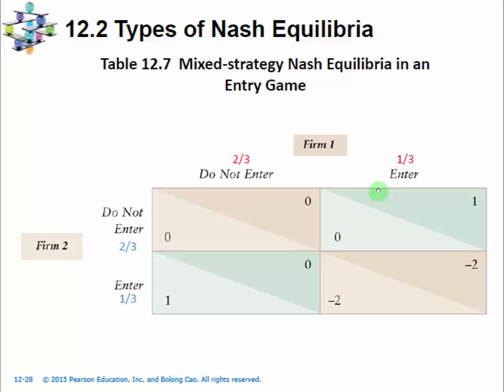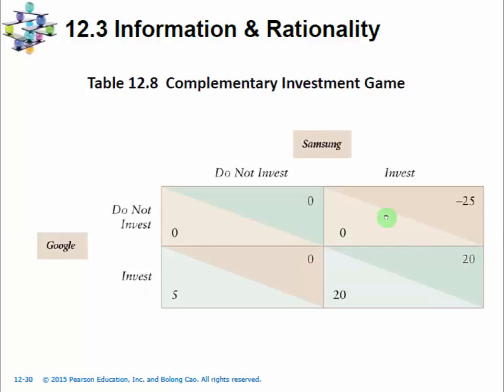In this game of complementary investment, we consider the role of incomplete information and bounded rationality. So our story goes like this. Google is considering producing an operating system called Chrome OS, and Samsung is considering whether to launch a tablet computer based on the Chrome OS operating system.